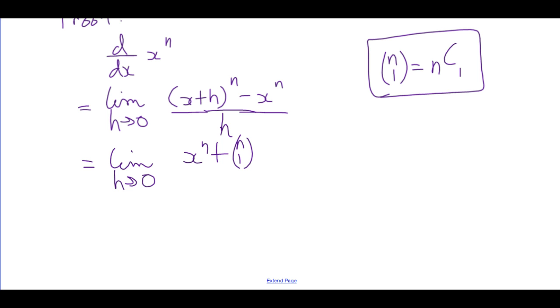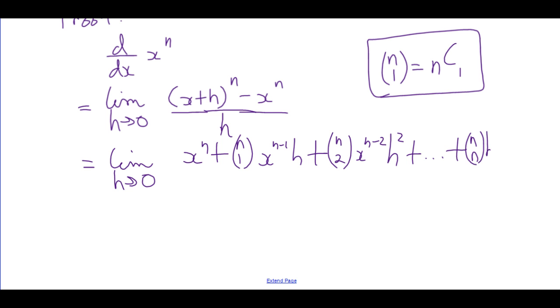Here's the notation: n choose 1, x to the n minus 1, h to the 1, plus n choose 2, x to the n minus 2, h squared, plus dot dot dot, or if you like, n choose n, h to the n. Okay, that's the end of that expansion.